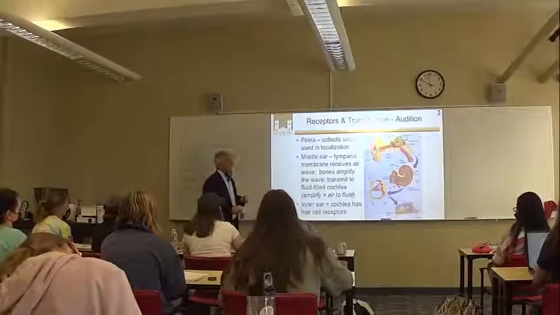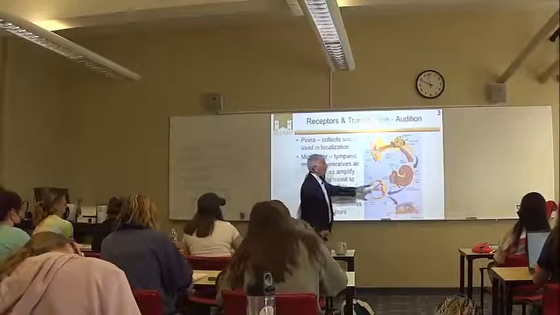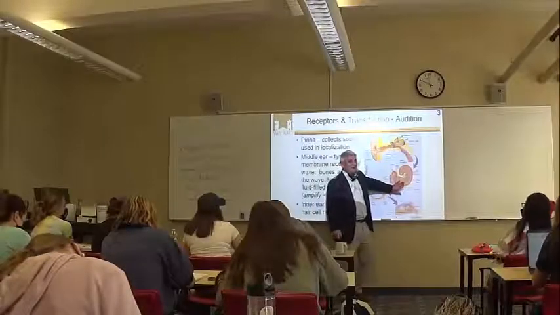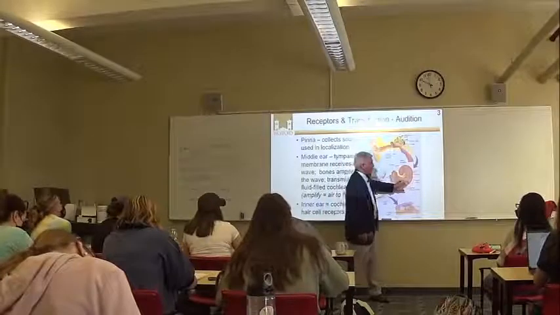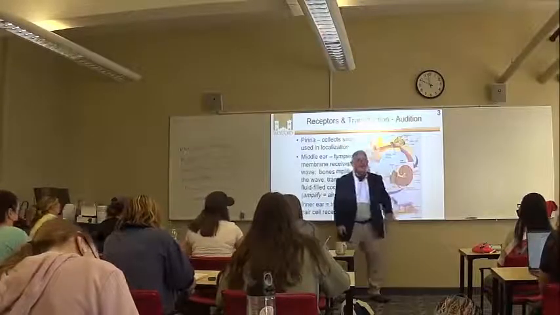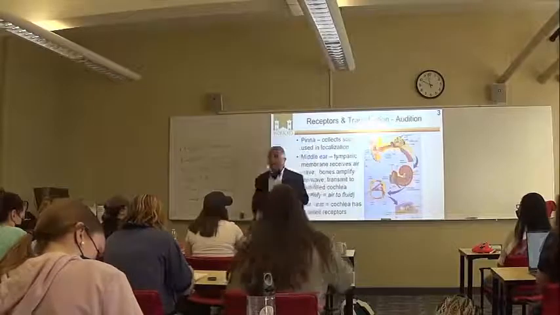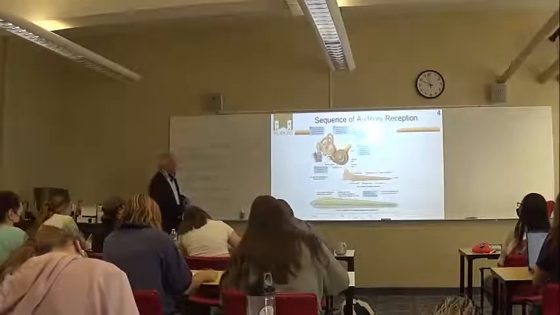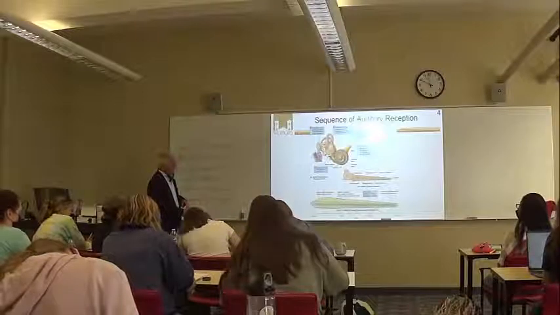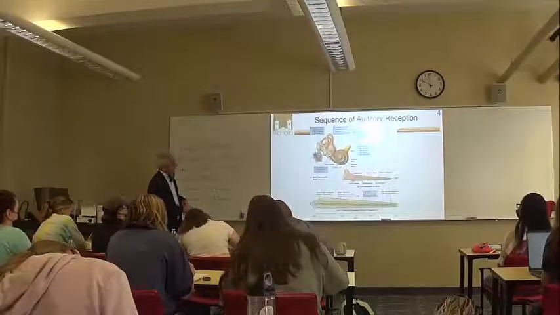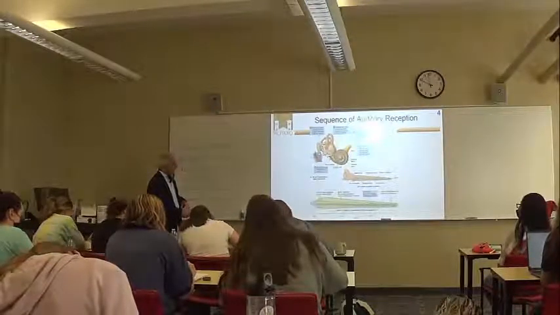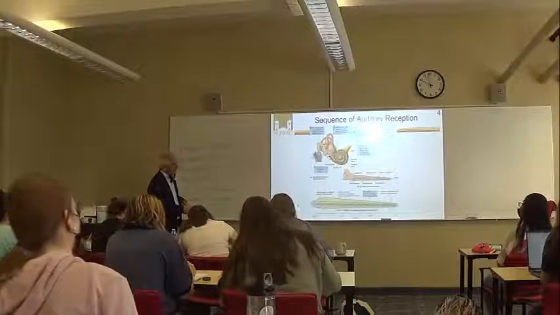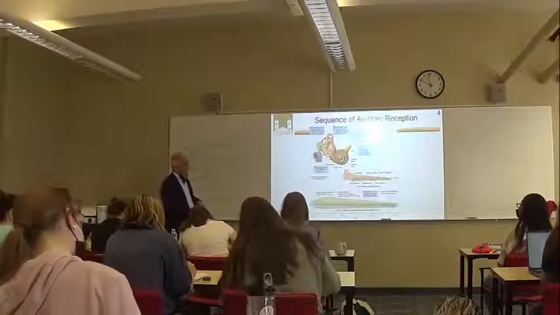Okay, and then finally we've replicated the compressions in the fluid-filled cochlea. It looks like a snail shape here. And so now that's where transduction is going to happen. So that vibration now is transmitted through the fluid of the cochlea. Here the cochlea has been stretched out so we can just see how it works. It's kind of hard to see it when it's all like a snail shell.